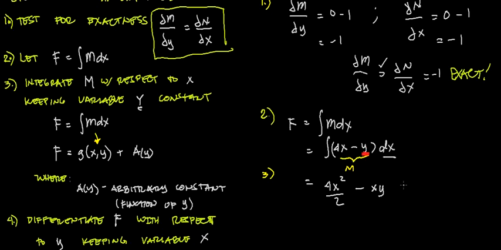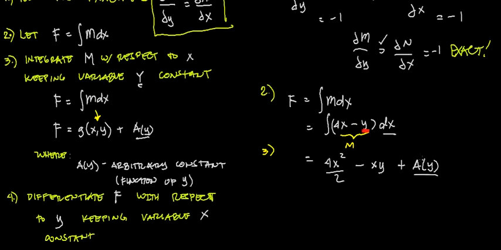And then plus our constant c, but here it said that the arbitrary constant is in terms of a function of y, so instead of just writing c, we need to write A as a function of y. So this is our g(x, y) here plus this term A(y).